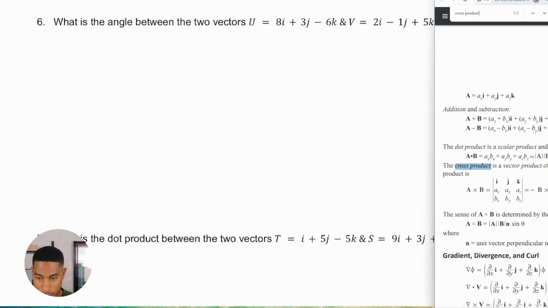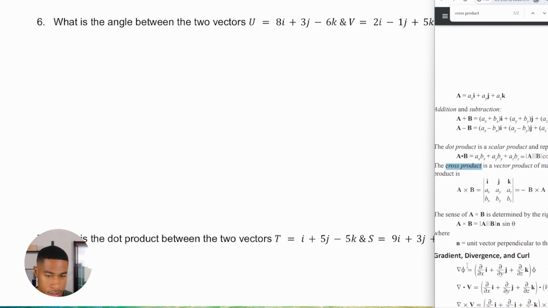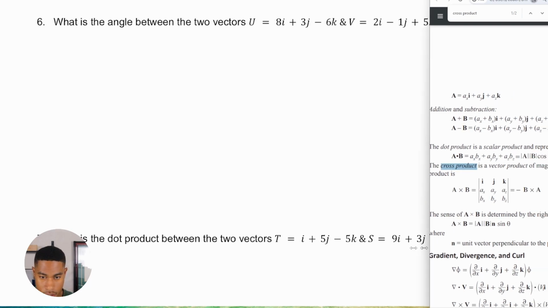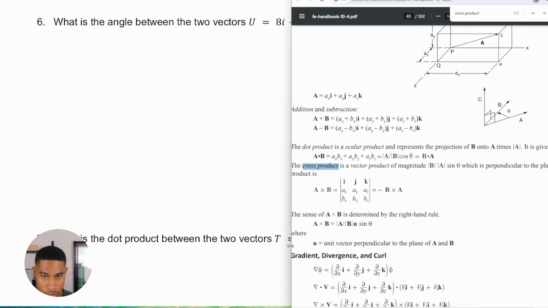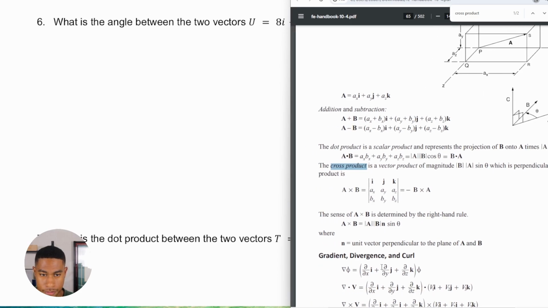Okay. To get the angle between two vectors, you can do a few different ways. You'll need to go to your handbook and go to the vector section. And so what is an angle for vectors? It's denoted by theta.